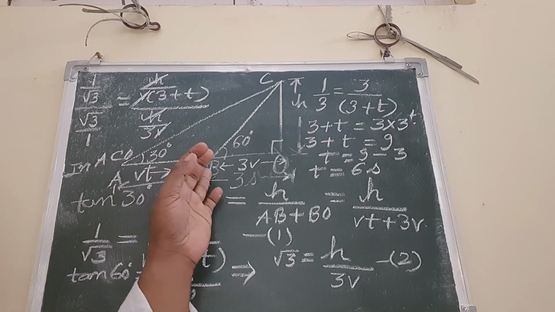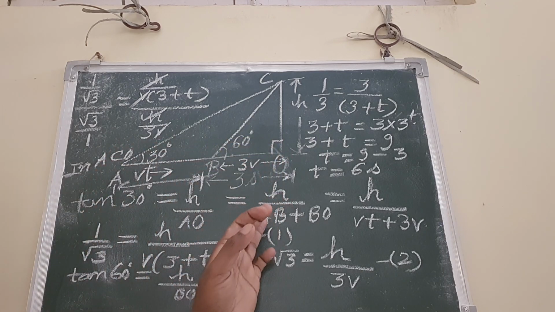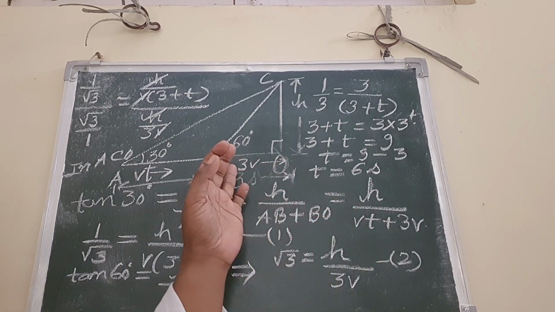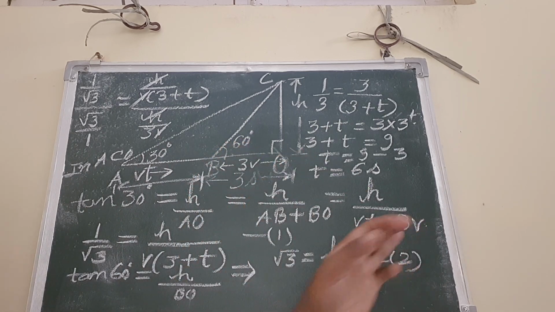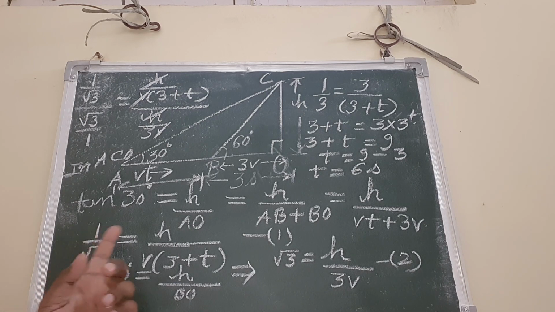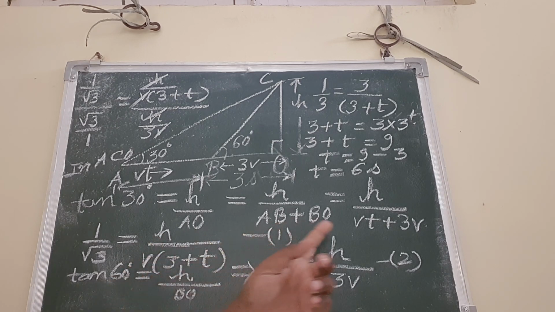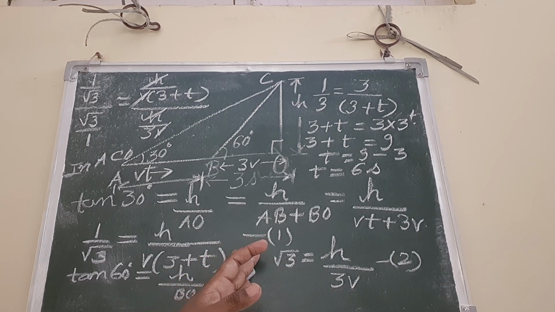We can write AB plus BO. So AB will be vt and BO is 3v. So we can write value of tan 30 degrees, 1 upon root 3, is equal to h upon, taking common v, v into bracket 3 plus t. So this is our first equation.